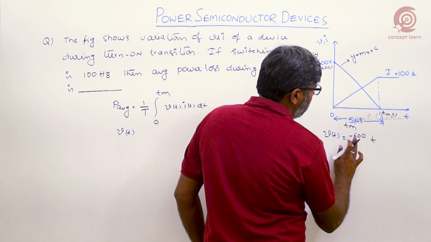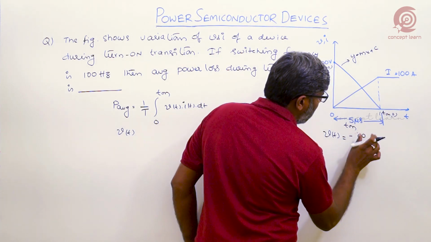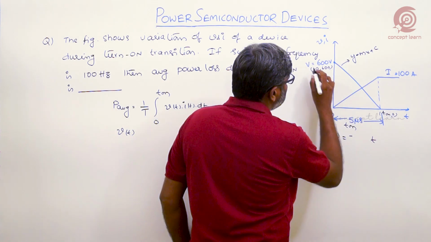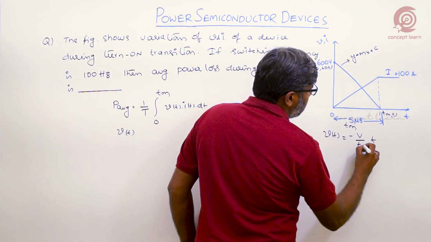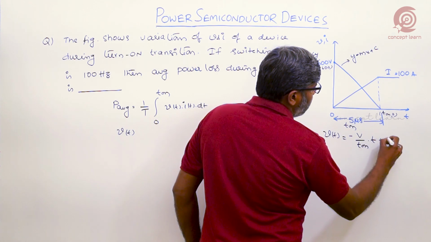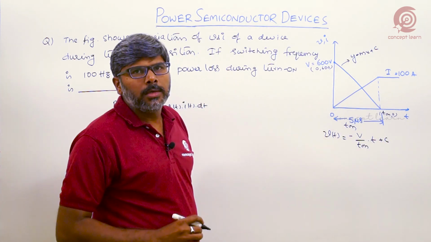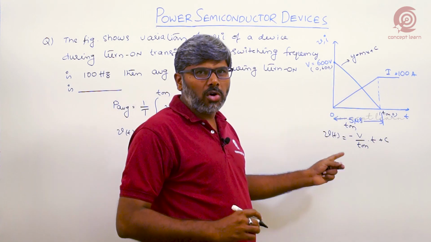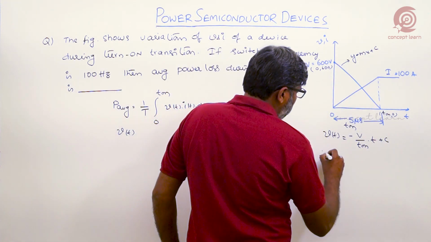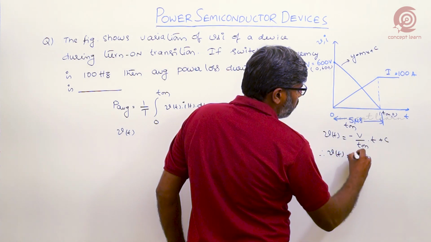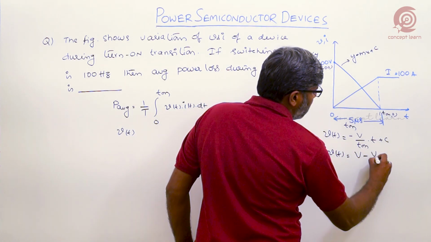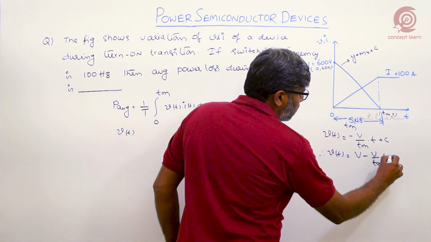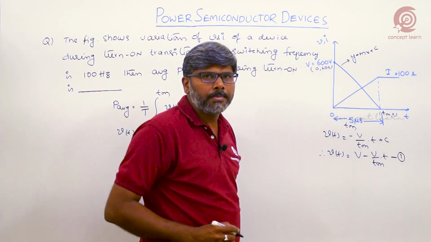Let us take it first in terms of V and I. It is minus V by T on into T plus C. Substitute any value in this straight line equation to get the constant C. Therefore we get V of T equals V minus V into T by T on. This is equation number 1.